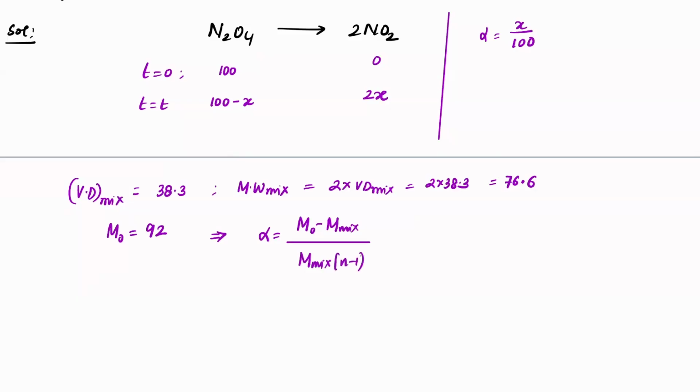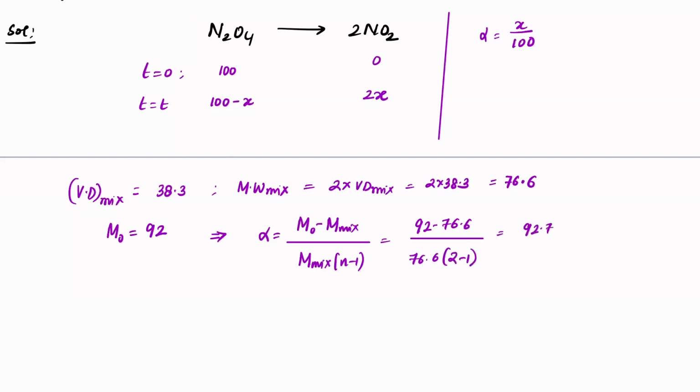So let's use that. It is 92 minus 76.6 divided by 76.6 into n. How much is n? For every one molecule, you are getting 2 moles, so n is 2. So 2 minus 1.